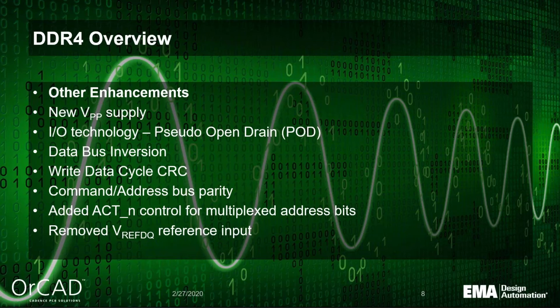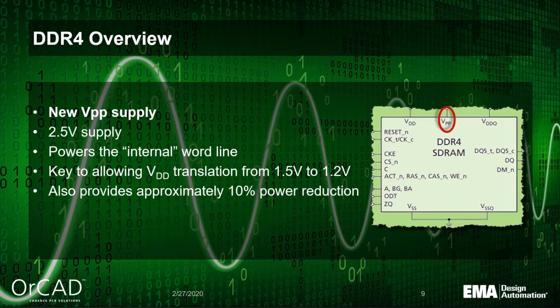So the first thing is the VPP supply. Up to now, the VDD supply handled just about all of the operations, all the internal workings of the device, so it required somewhat of a robust supply. With DDR4, they now have a VPP supply, which powers the internal word line in the device.